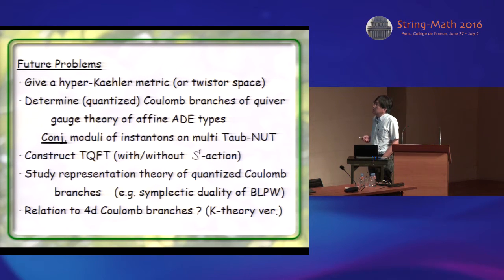And another is a little bit more ambitious problem. I consider only the Hilbert space for S^2. But there are also many attempts to construct a Coulomb TQFT associated with gauge theory.